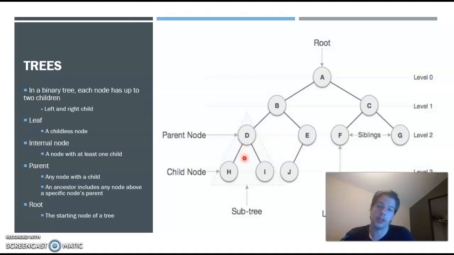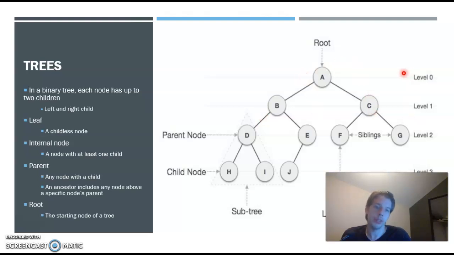An ancestor node is any node above a specific node's parent. So if we're referring to H here, D is the parent, B is the grandparent or ancestor. And these would be considered uncles and aunts, depending on who you ask. But any node above H, besides the parent, is going to be its ancestor.